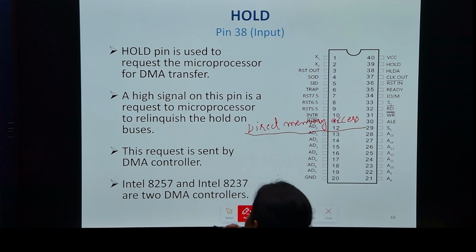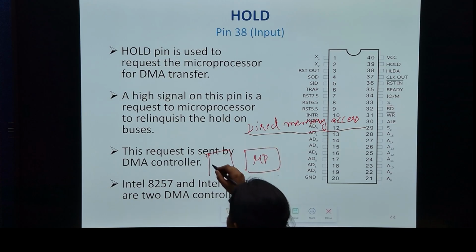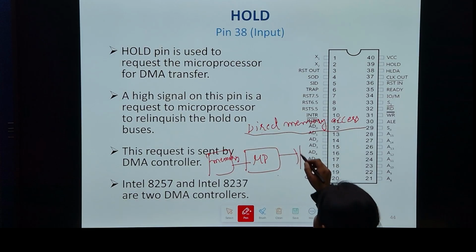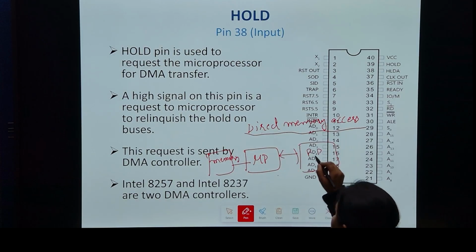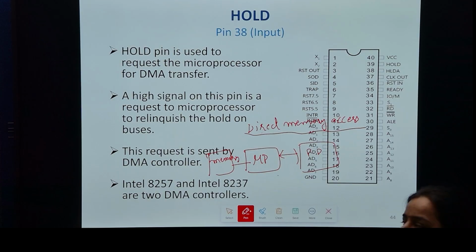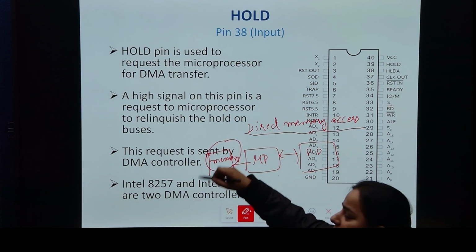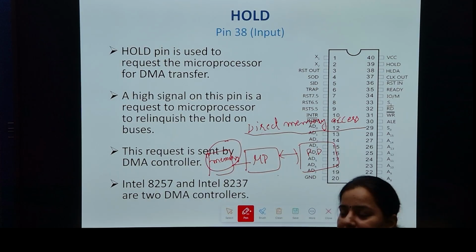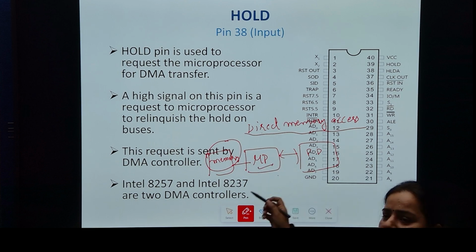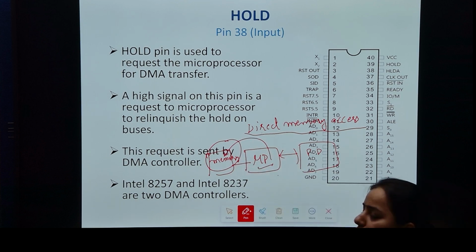Initially, this is your microprocessor, this is the memory of the microprocessor, and here is a peripheral device. Whenever a peripheral device has to access the memory of the microprocessor, it will provide the signal to the microprocessor, then the microprocessor will send the signal to memory.